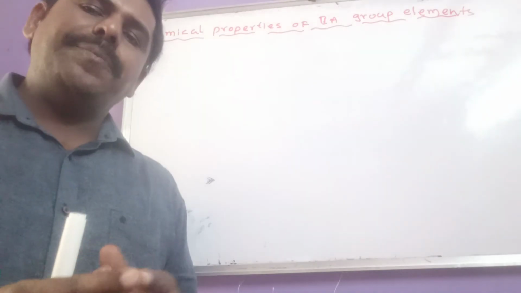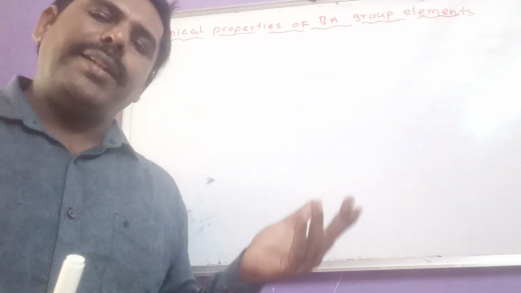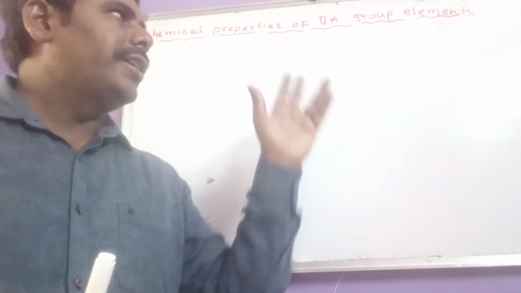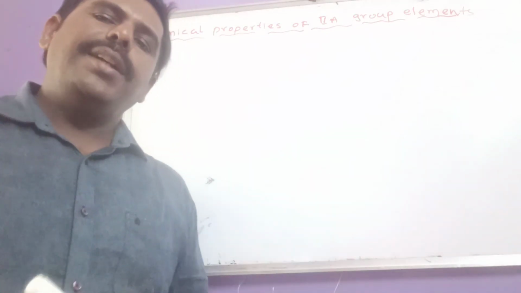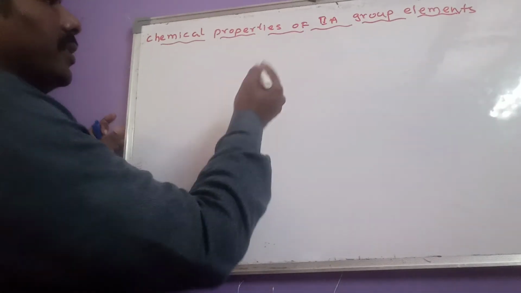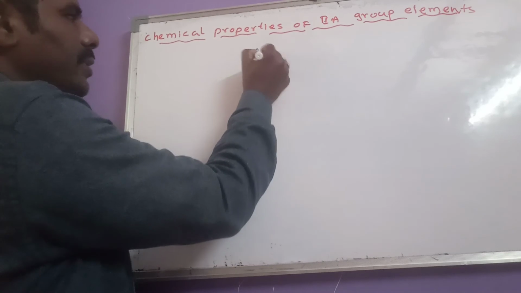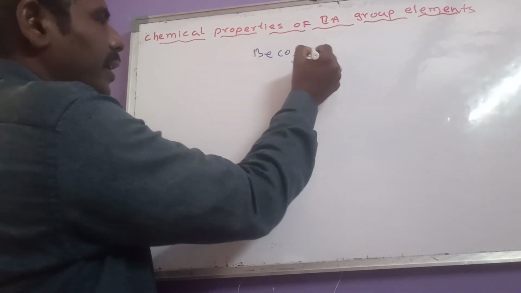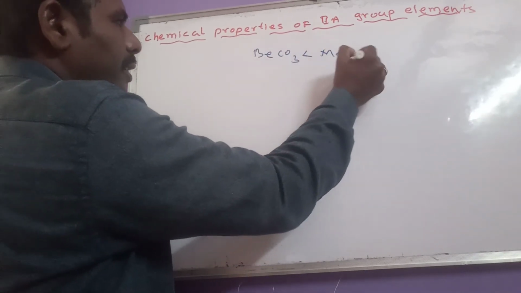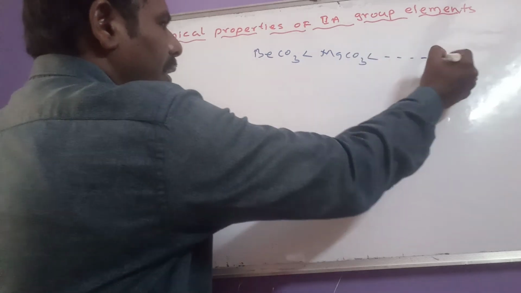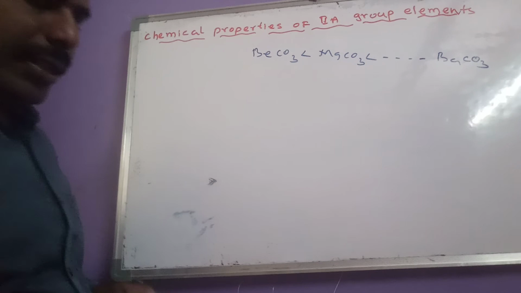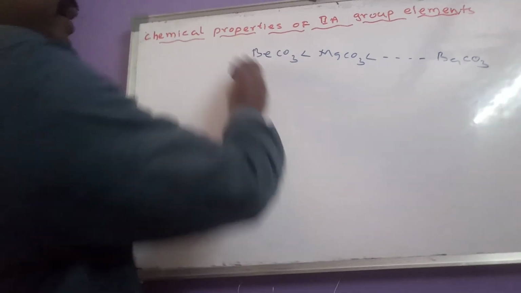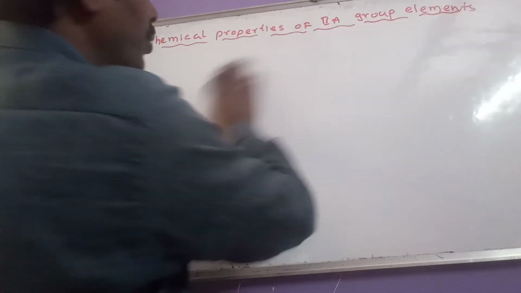For that reason, beryllium carbonate is much more soluble in water, but the remaining carbonates are less soluble in water. Now, what is the thermal stability order? Beryllium carbonate is less stable than MgCO3, which is less stable, and so on, up to BaCO3, barium carbonate. So this is the stability order of the carbonates.